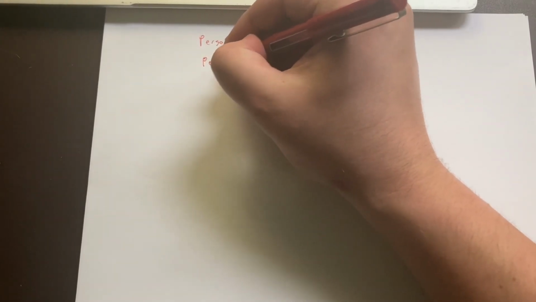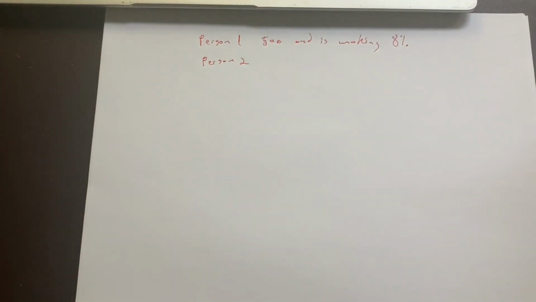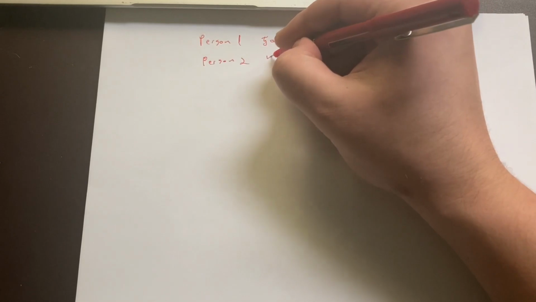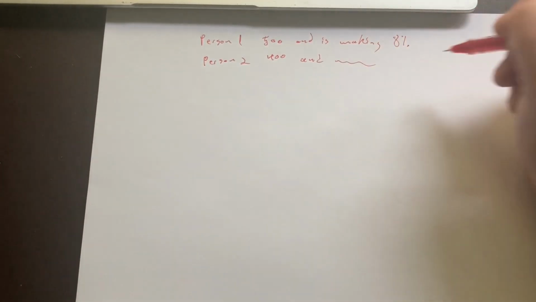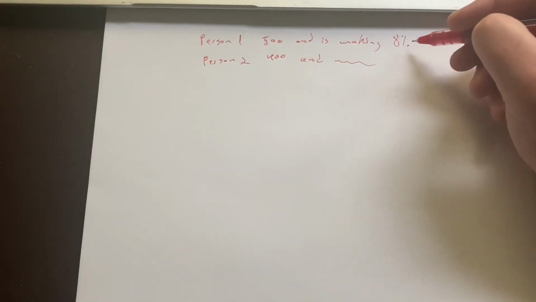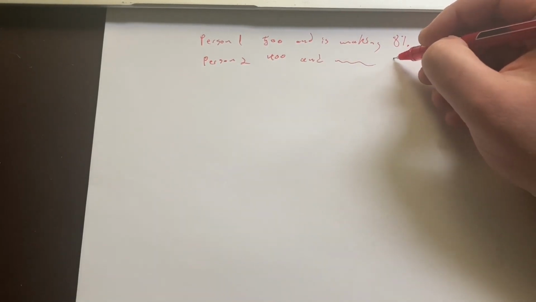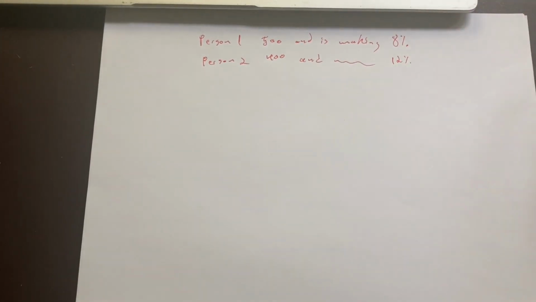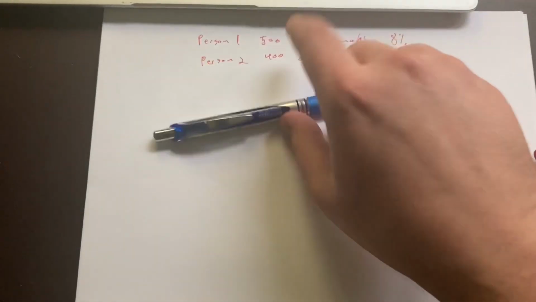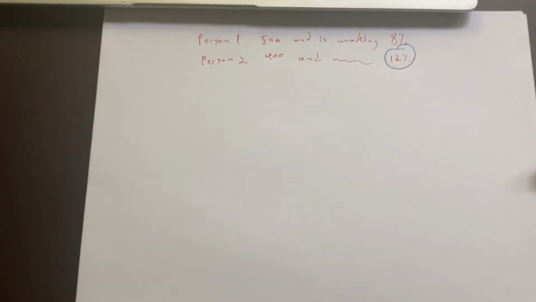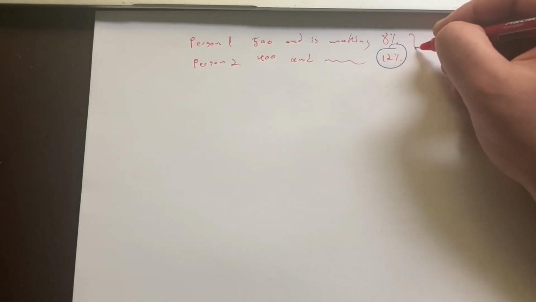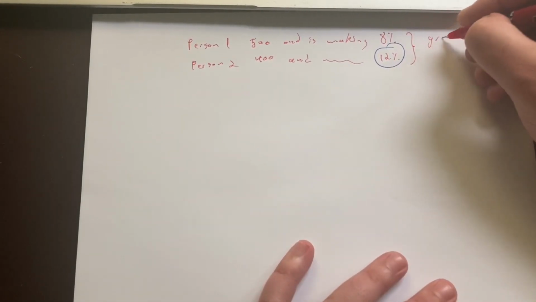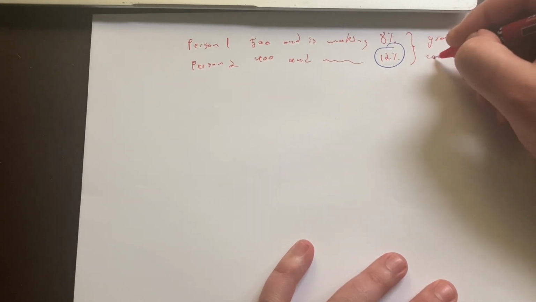Person two, let's make person two $400 and let's make sure that they make more. If this number were like 7%, the question wouldn't have an answer. Let's make sure that both of these accounts are growing continuously.